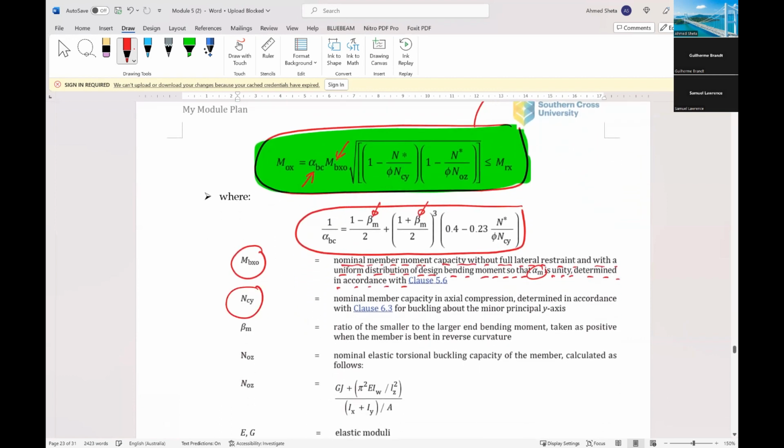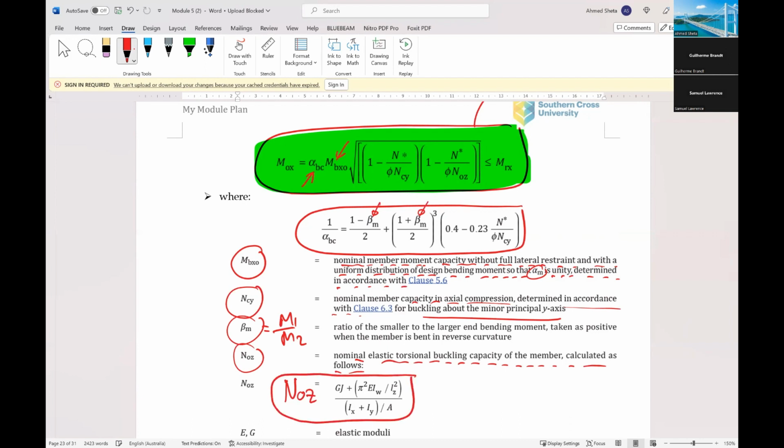And NCY is the nominal member capacity determined according with clause 6 for buckling about minor axis. Beta M is equal to M1 over M2. NOZ is the nominal elastic torsional buckling capacity calculated as follows. So NOZ is using this equation.